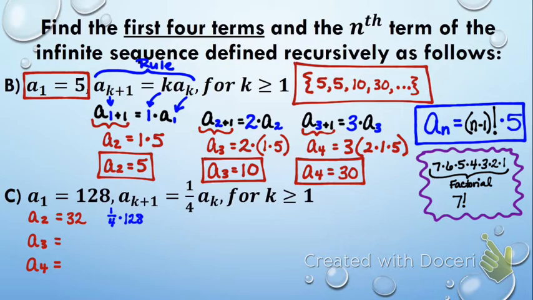What is the third term in the sequence? 8. How would we arrive at 8? What is our process? 1/4 of 128. Yeah, 1/4 of 1/4 of 128. We did 1/4 of 32.